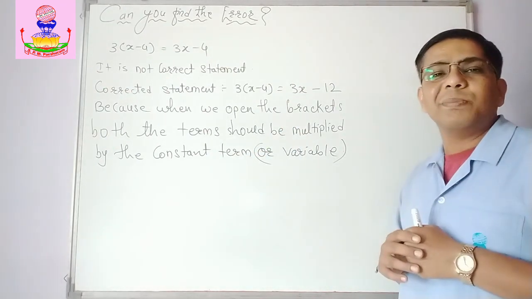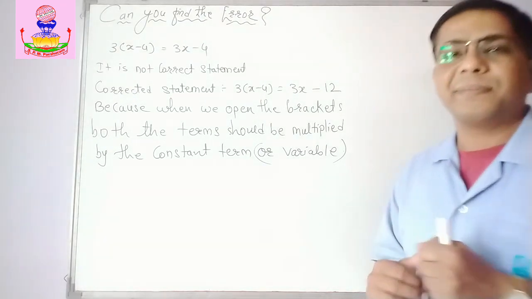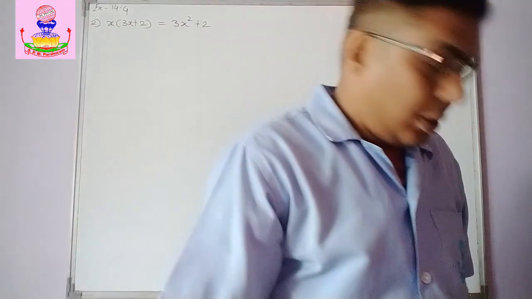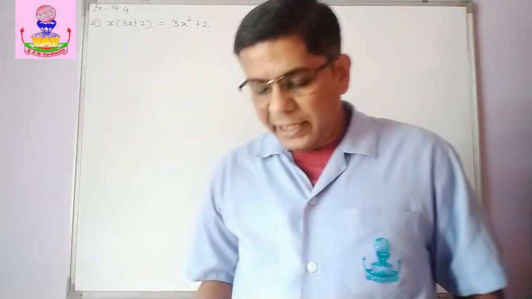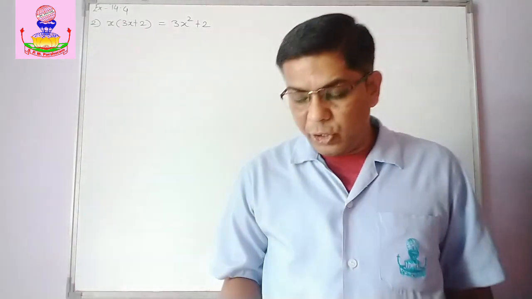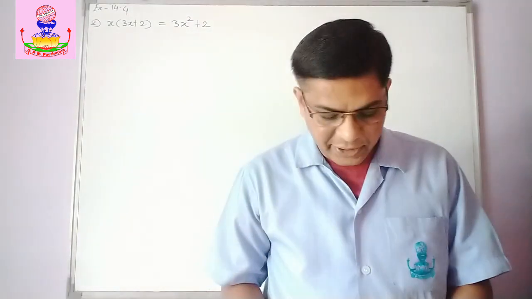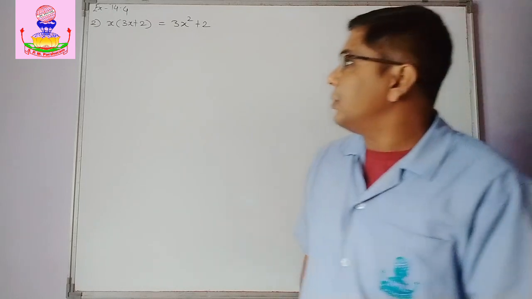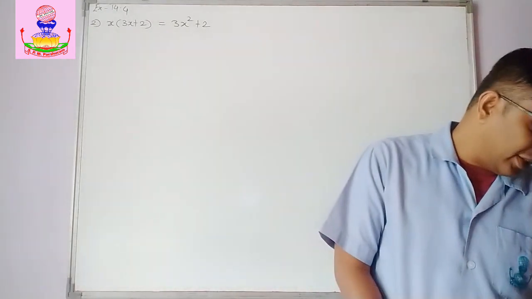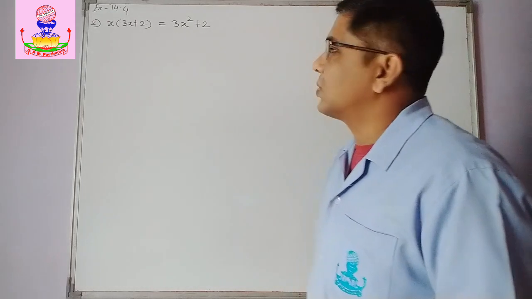So let us solve some examples from the exercise. Exercise 14.4, find and correct the errors in the following mathematical statements. The second one, x into bracket 3x plus 2 is equal to 3x square plus 2.